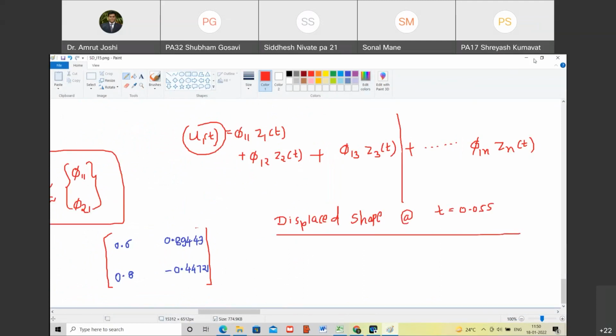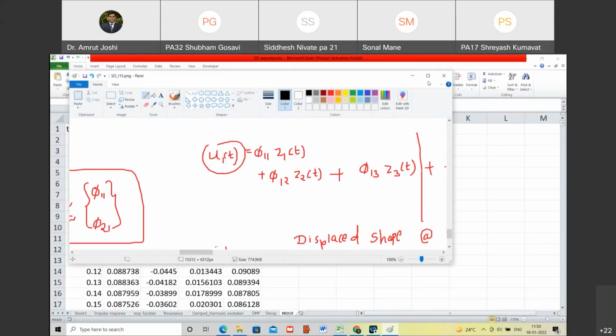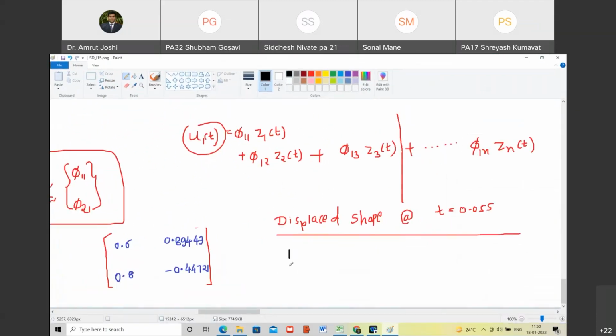Yes, sir. So see how we will draw this shape. This is the original structure. I am going to show it in black line. Happy? Yes, sir. This is the original location of M1. This is the original location of M2. Happy?